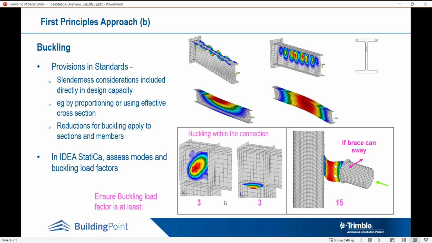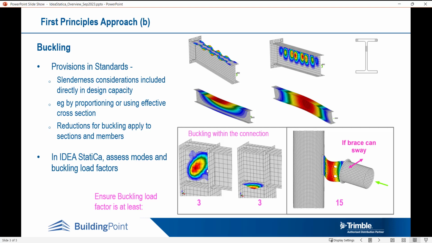The other key aspect in design, of course, when we're using codes, is to consider buckling. We might have local buckling, member buckling, and we need to have a sufficient margin against buckling. The recommendation from StatiCa is that we should have a buckling load factor at least as high as 3 in a connection.